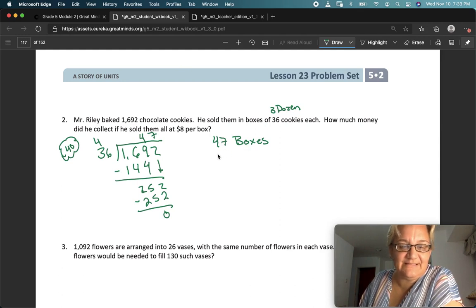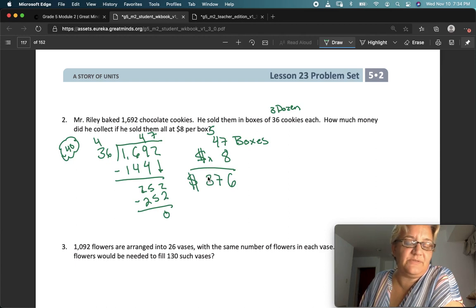Okay, 47 boxes times $8. All right, we're going to multiply that. 8 times 7 is 56, carry the 5. 8 times 4 is 32, plus 5 is 37. $376.